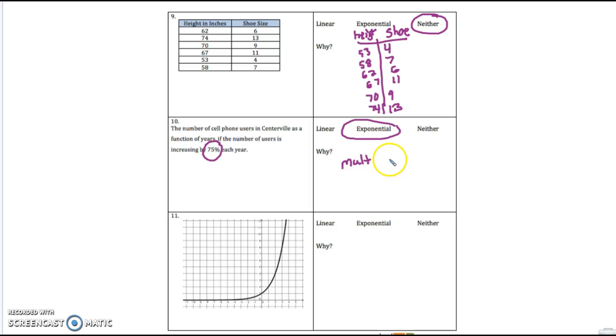If it's increasing by 75%, it will be 1.75, right, to the x. That's exponential. You can make a table. 11, that should be screaming at you, exponential. You can make a table. Make a table is proof.